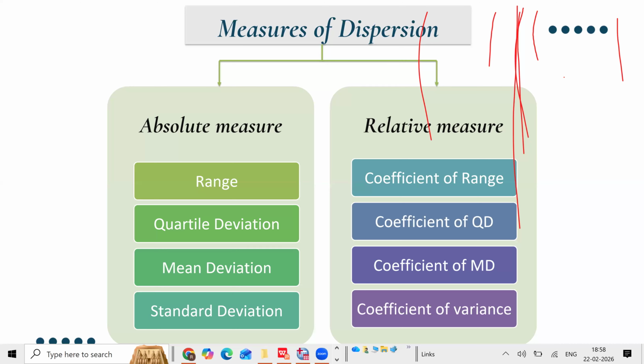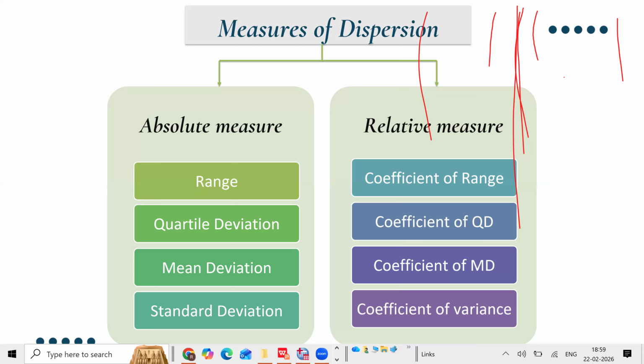Coming to dispersion: once we know the central value towards which the whole mass of the data is concentrated, we try to know what kind of scatteredness is present in the data set.